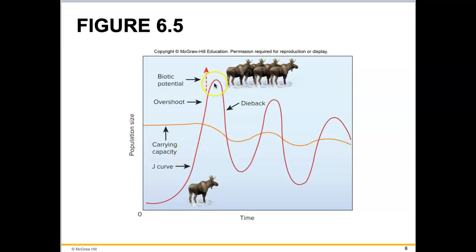Now, what you would see in this oscillation is a dieback, and the population of moose would greatly decrease for a couple of years. The environment would be able to recover. The moose then start to grow at an exponential rate and overuse their environment. So you see this oscillation smoothing out ultimately toward the carrying capacity.